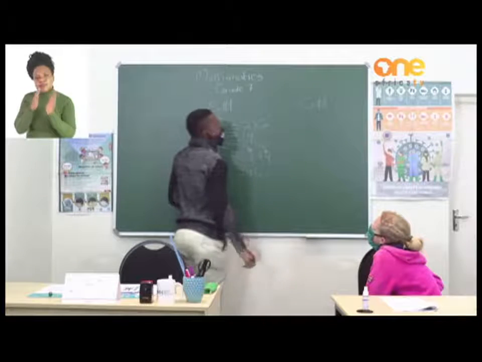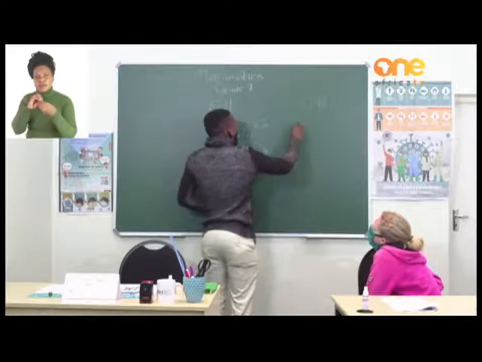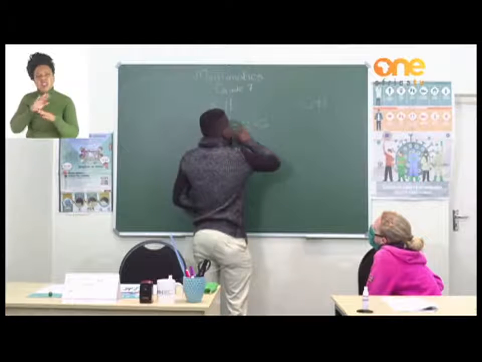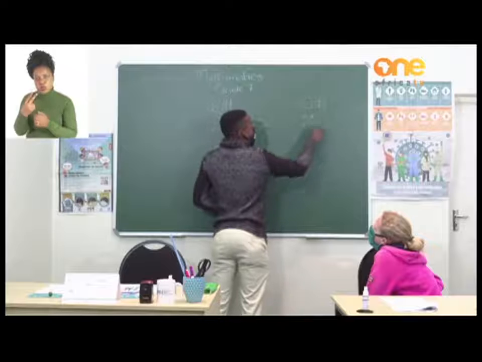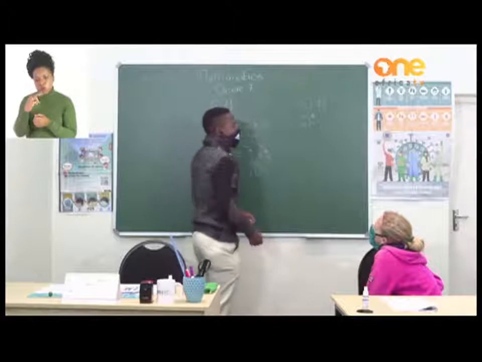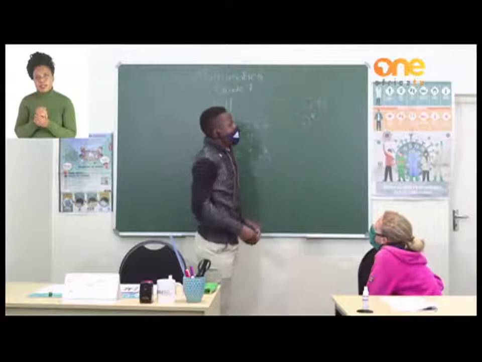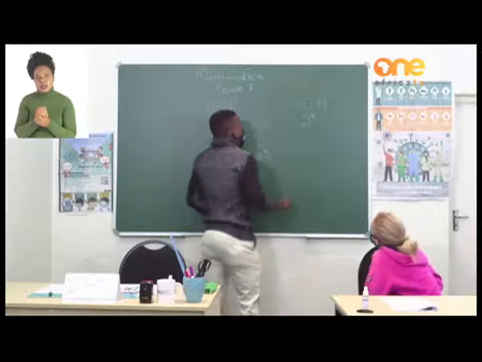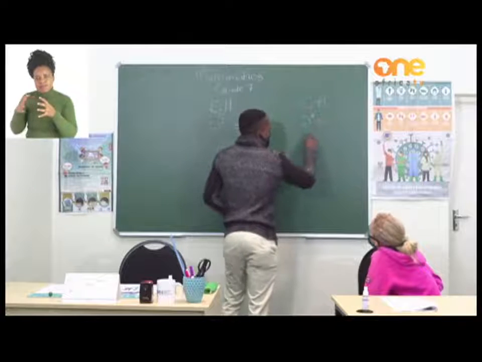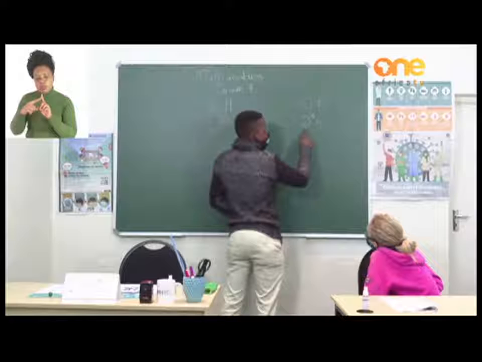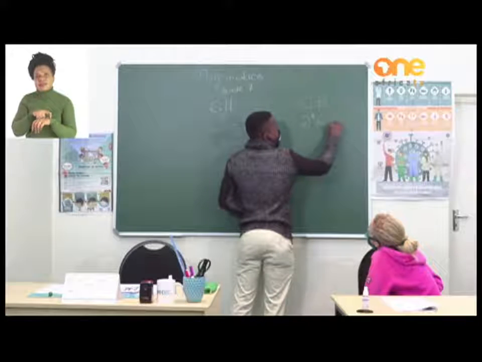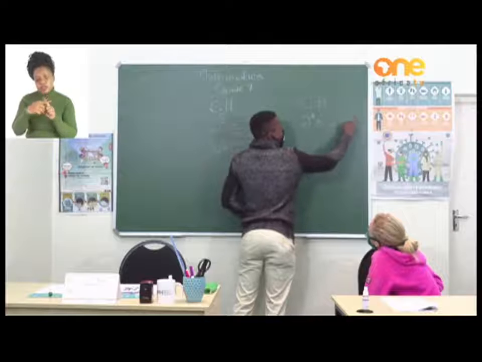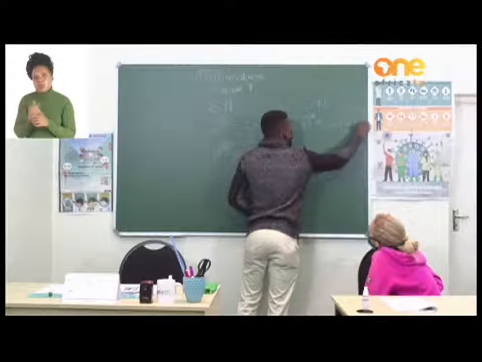Cube numbers. We can give an example of a cube number, maybe 2 to the power 3, or 2 cubed. In that way, we are multiplying this number by itself and again by itself. So we have 2 times 2 times 2.